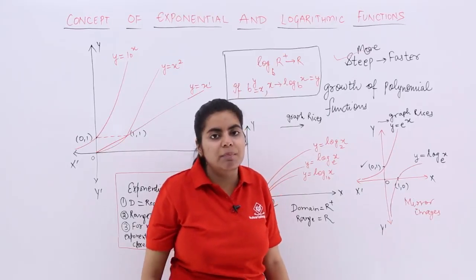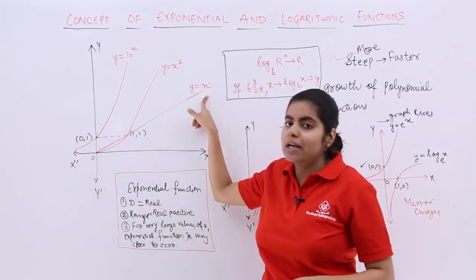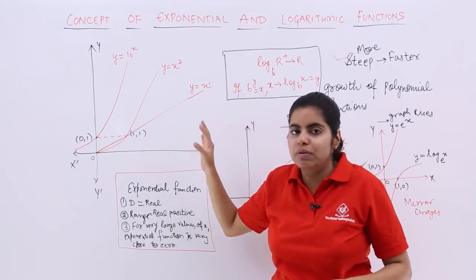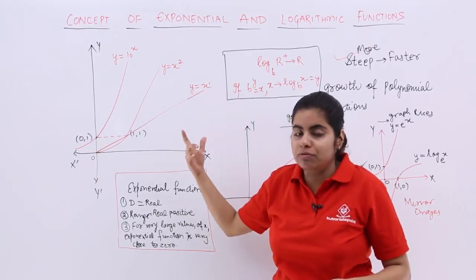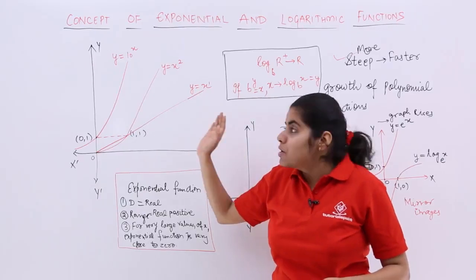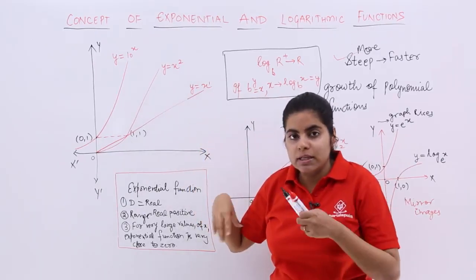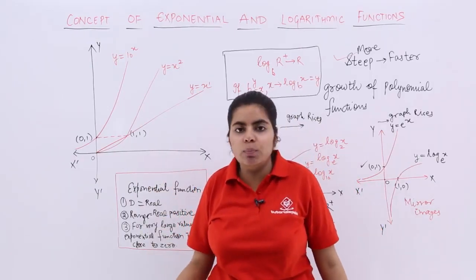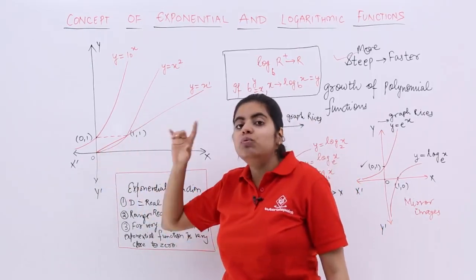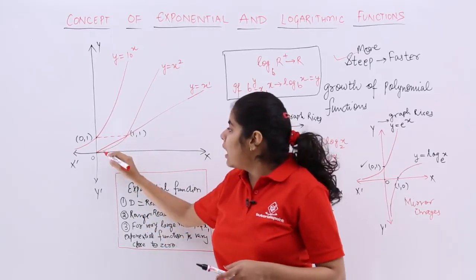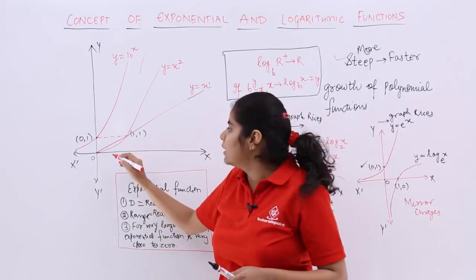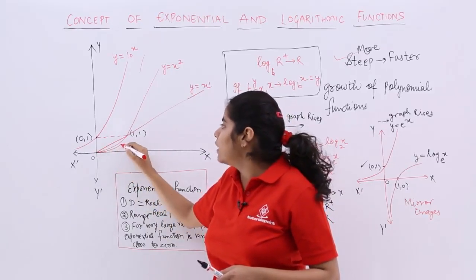Next, when the power of the polynomial function was 1, it was called linear function. When power became 2, it is a polynomial function again. Suppose the power was 3, it became a cubic one. And again, what you would have noticed that the power 3 graph would have gone something like this, I am drawing it a very rough one.